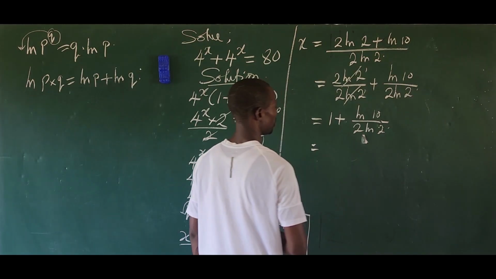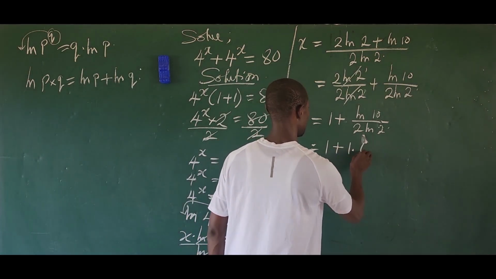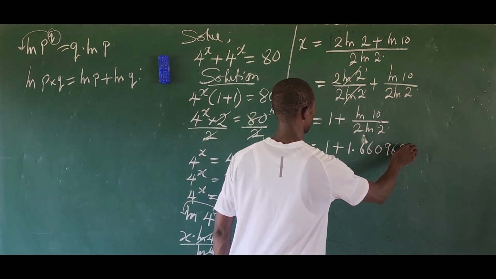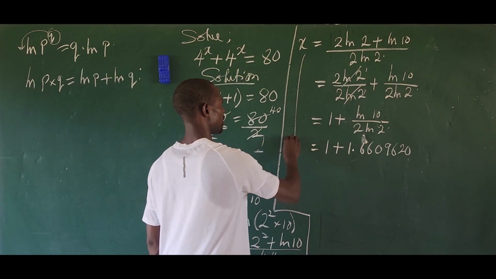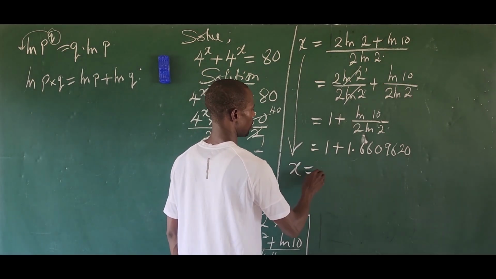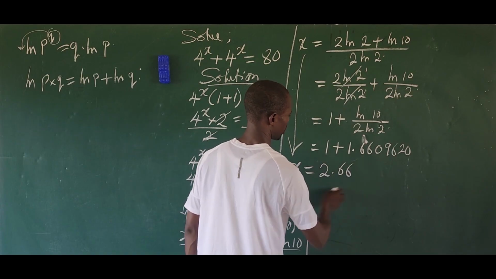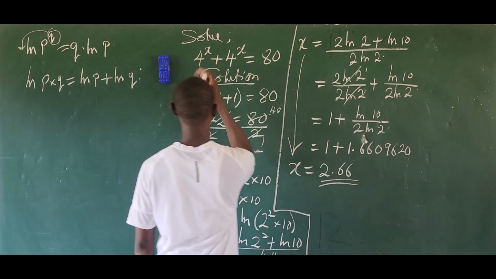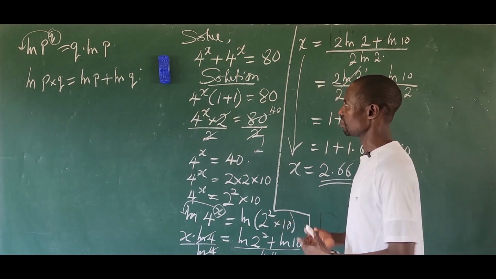So this is going to give us our 1 plus 1.6609620. If we sum up everything, therefore, our X is equal to 2.66 approximately.